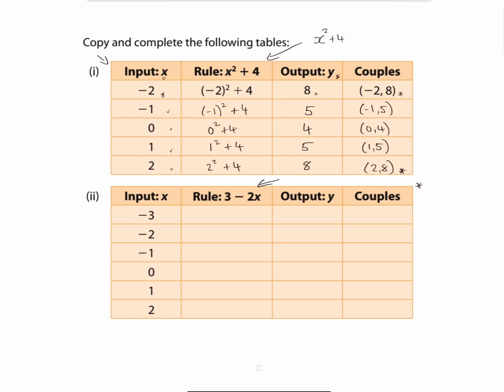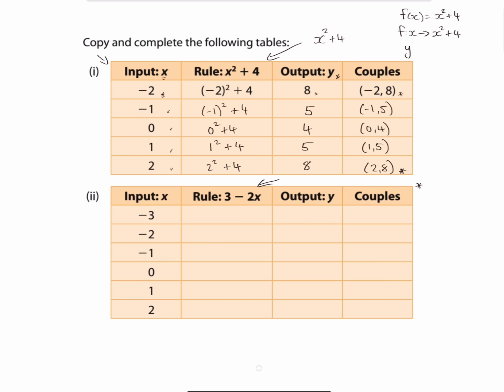Now, in the last class, we briefly explained that there are 3 ways to write a function. You can write it like this: f of x is equal to x squared plus 4. You can write f of x with an arrow, x squared plus 4.